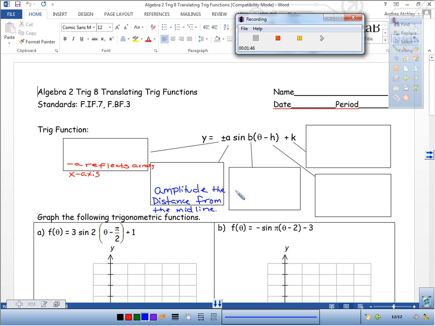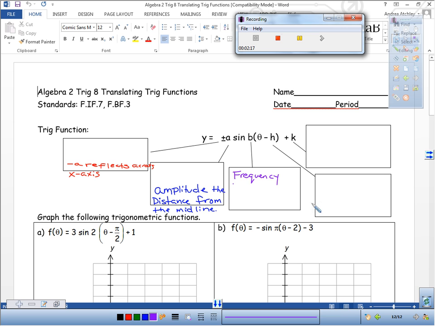Okay, the b value, we talked about that being the frequency. Frequency is the number of curves between 0 and 2 pi, how many times you have a sine curve or cosine curve. It kind of is also like a horizontal stretch. If I took the ends of my sine curve and my cosine curve and stretched it, that's what it looks like. Okay, but we're still referring to it as frequency.